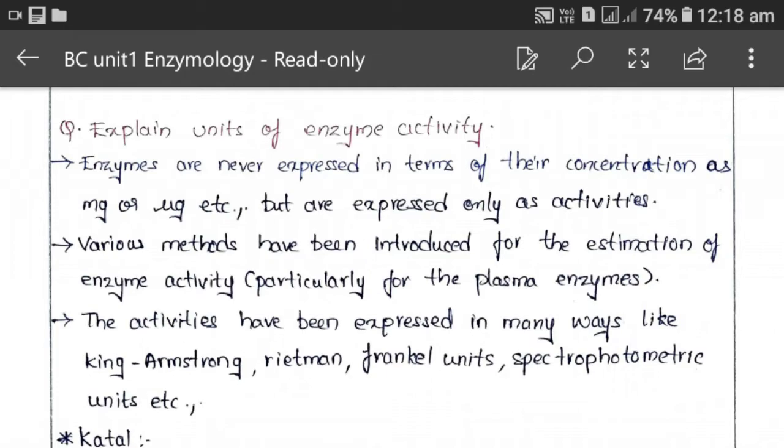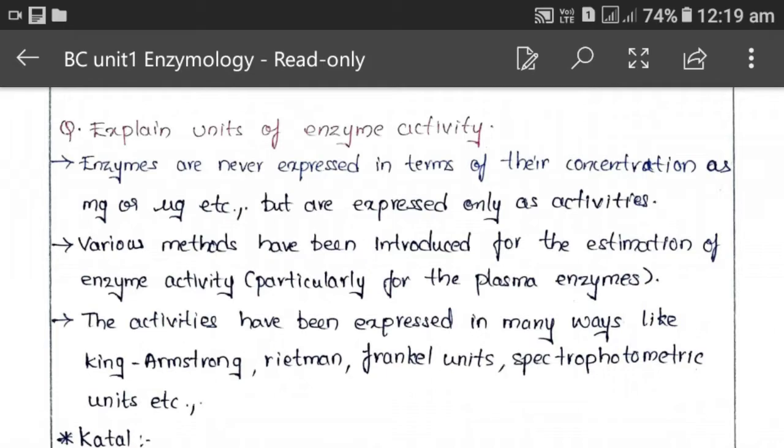Particularly, estimation of plasma enzymes is very important due to their biological importance. That means plasma enzymes are biologically very important. So for that calculation, different methods are introduced, and the activity can be expressed in many ways, like King and Armstrong units, Reitman units, Frankel units, spectrophotometric units.